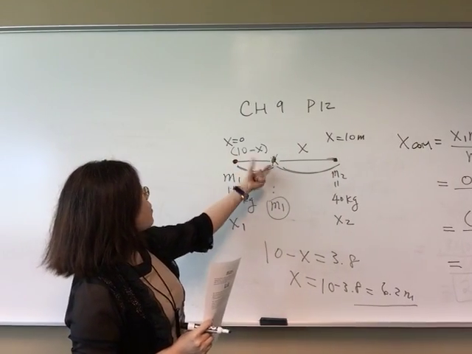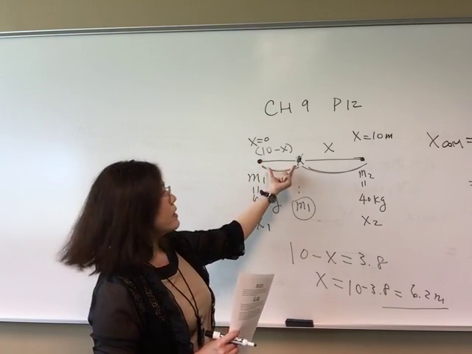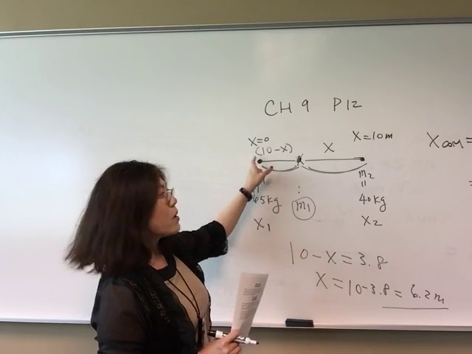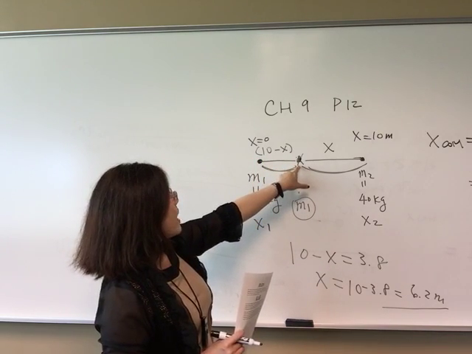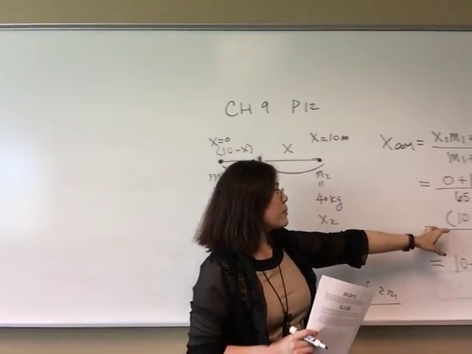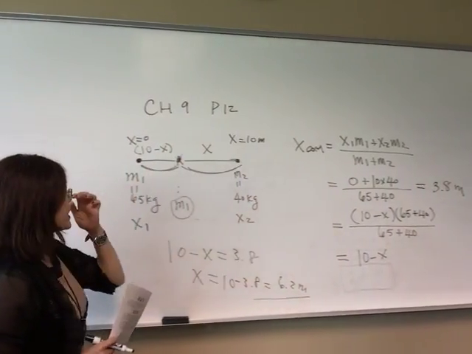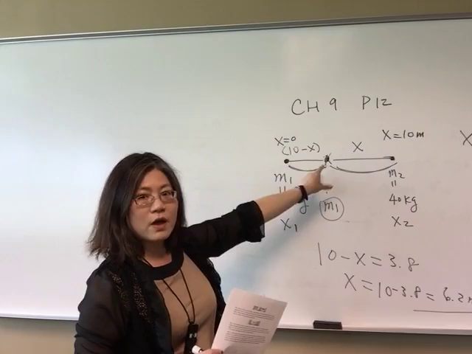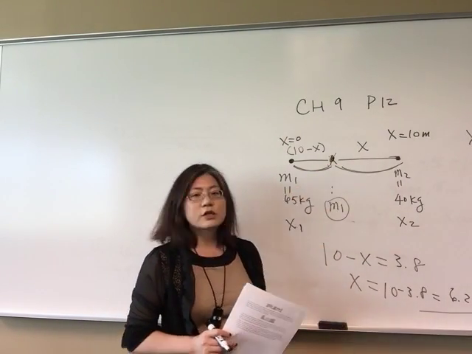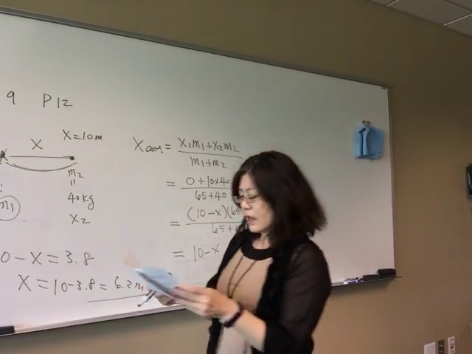So in reference to the initial point, this is the distance from the origin of the center of mass. So that will be 10 minus x, times the total mass of the system, divided by the mass of the system, because both masses are located at that point. Okay, so once you do the calculation, your x is just 6.2 meters. Okay, so that's that.